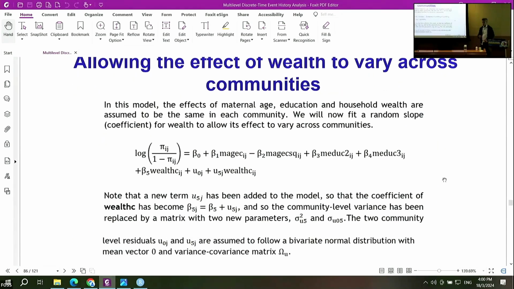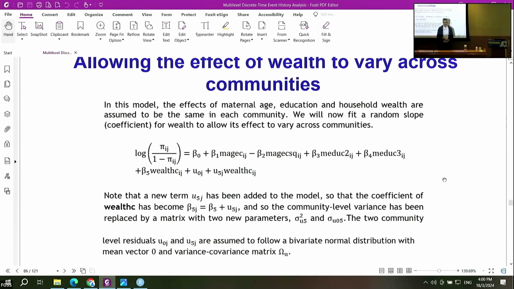And then we can also estimate a random slope for wealth. So in this model, it's starting to get more complicated now because the slope effect for wealth has a J subscript. If you notice here, there are no J subscripts for any other explanatory variable except for wealth, because we're not estimating a random slope or random coefficient for any of the others.